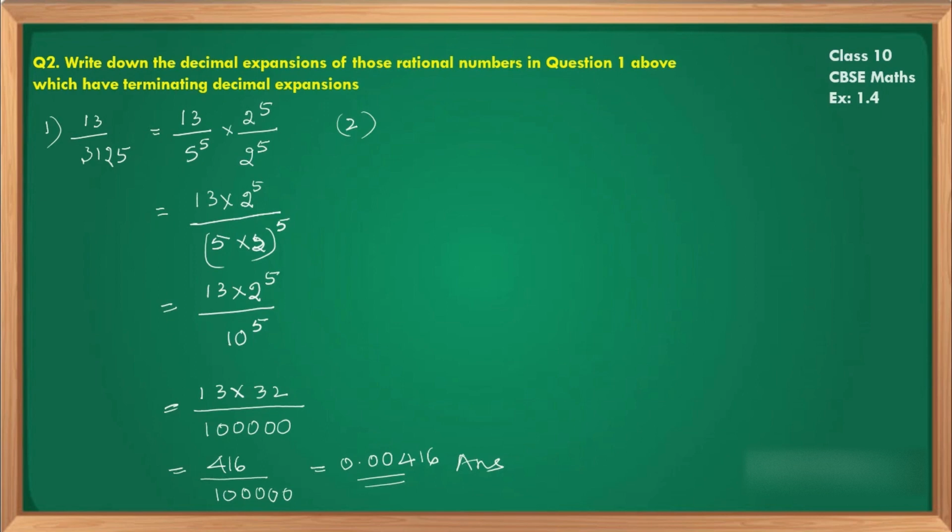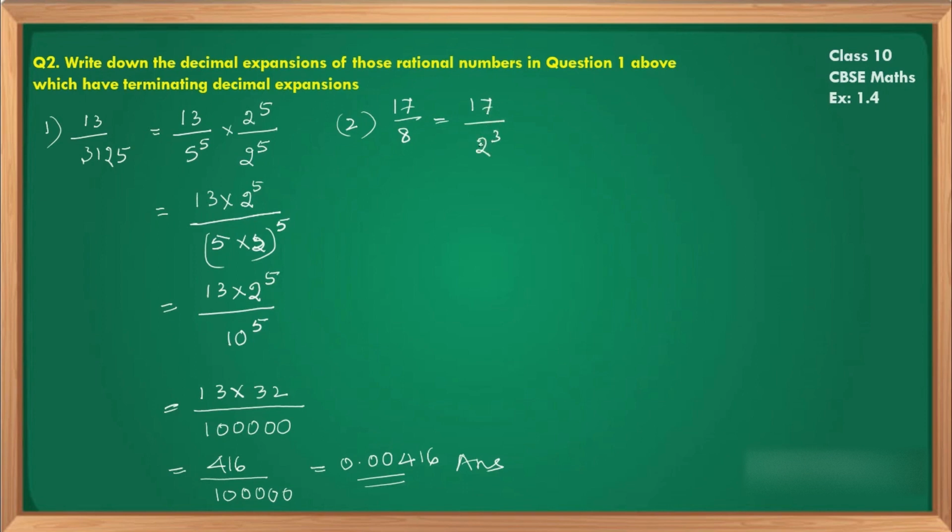In question number 1, we had solved 10. Out of that, 17 by 8 was also terminating. Now this can be written as 17 divided by 2 cube.